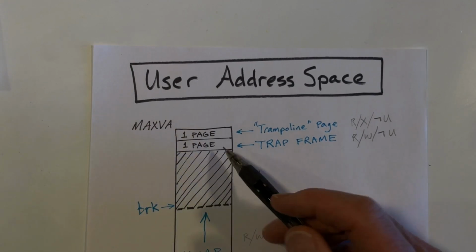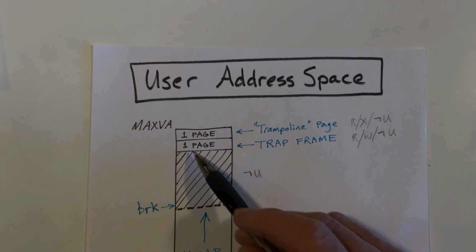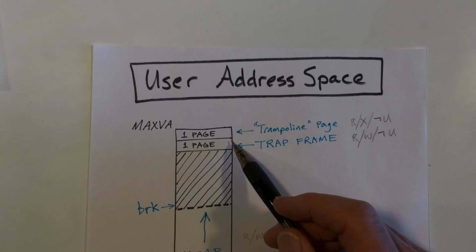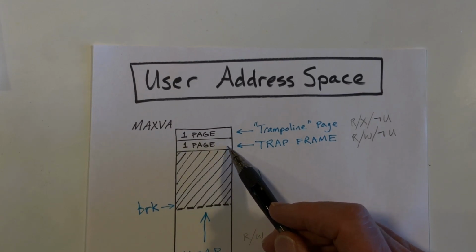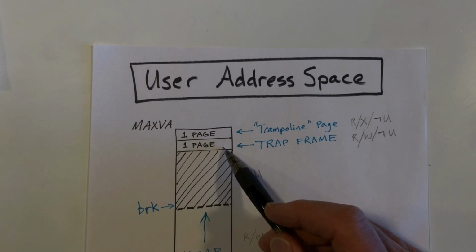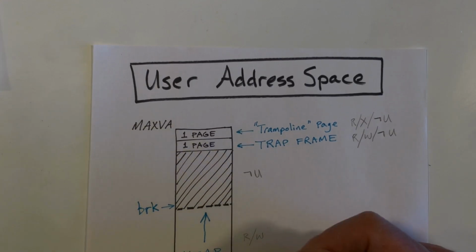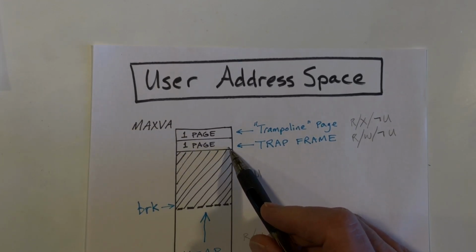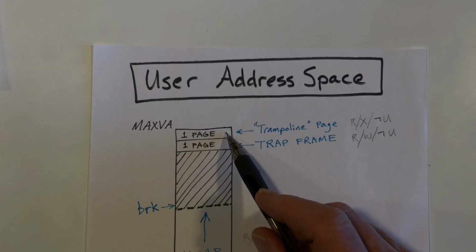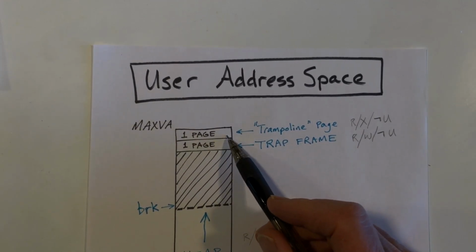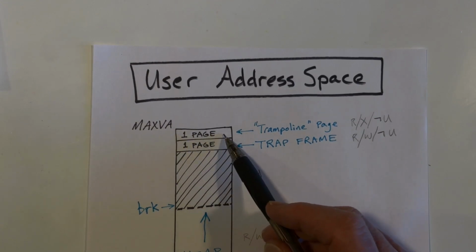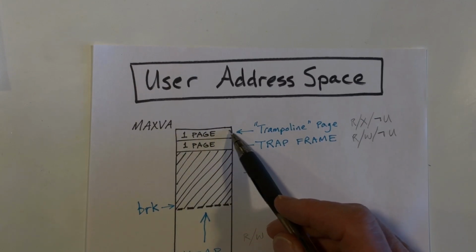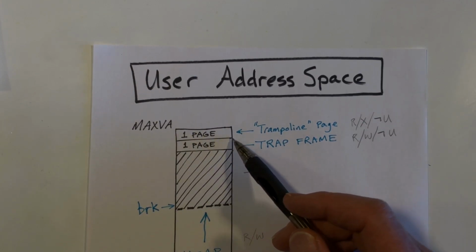Each virtual address space has its own trap frame page, so they're all mapped to the same location, but they're different physical memory pages, so each process has its own trap frame. The trampoline page is shared by all processes, so the exact same page of physical memory is mapped into the same spot in all of the virtual address spaces.